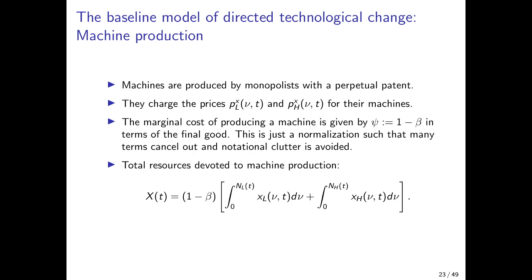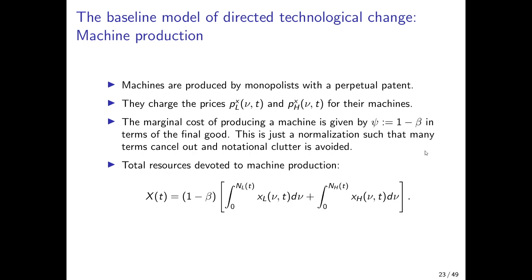So these firms have monopolistic power basically. The marginal cost of producing a machine is by assumption given by 1 minus beta here in terms of the final good. And this is again just a normalization because then many terms cancel out, and thus notational clutter is avoided by defining it in this way.